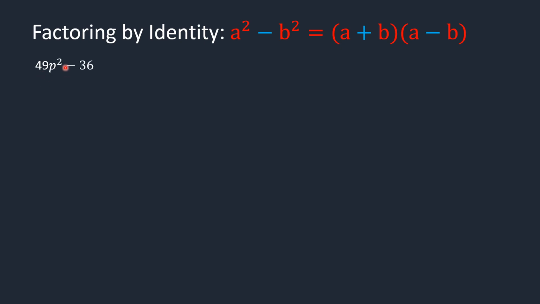Factorize 49p squared minus 36. Here 49p squared and 36 are perfect square quantities, and it is a difference of two squared quantities.